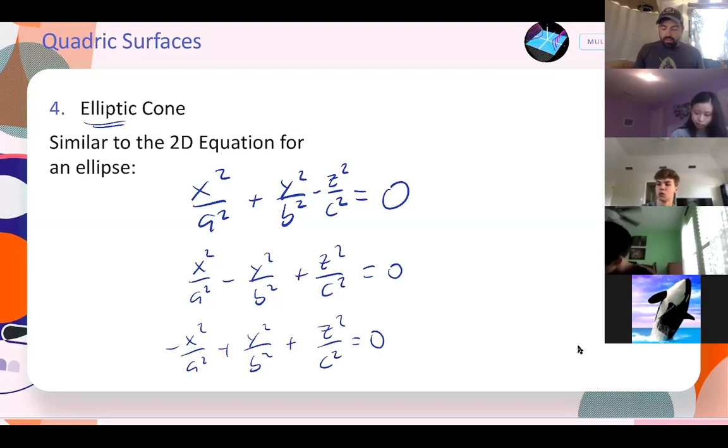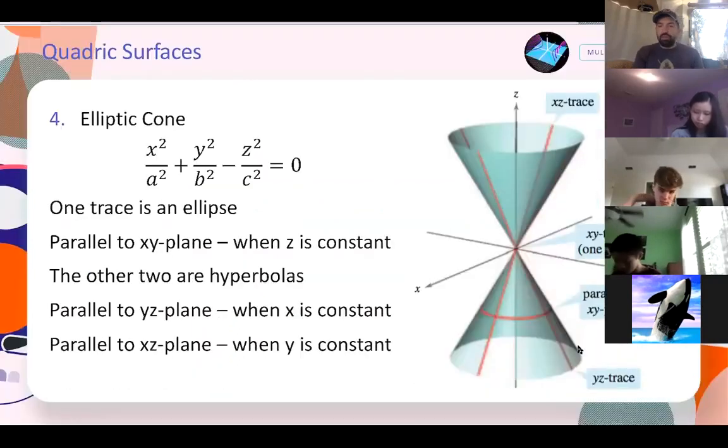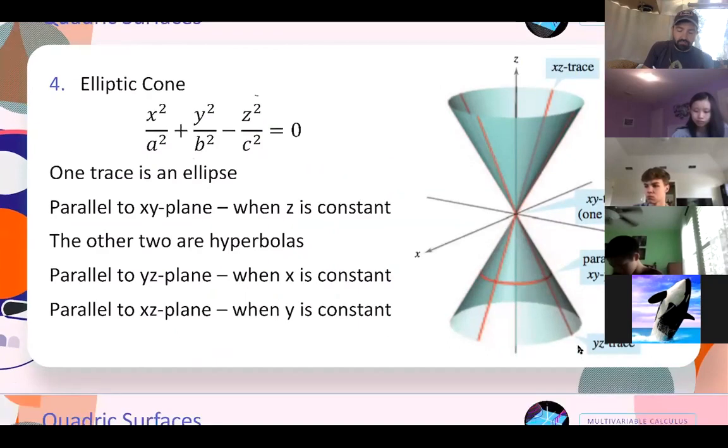Okay, so the only difference is with this equation, because everything's squared, you'll actually get a top one and a bottom one, a positive cone and a negative cone. So you actually get the 2 different cones. Our traces are ellipses, in this one, parallel to the xy plane, but it all depends, right? In this one, if we plug in constants for z, and we added it to the other side, that would be an ellipse, right?